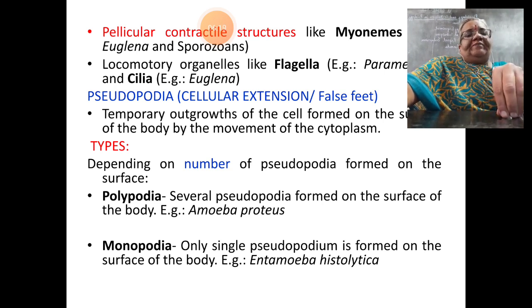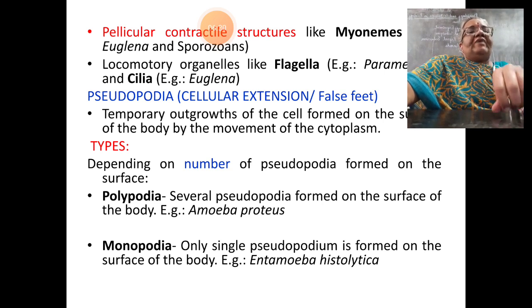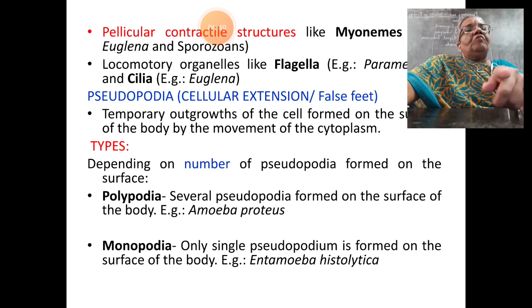On the other hand, if there is formation of single pseudopodium, okay, single pseudopodium on the surface of the body, as exemplified by Entamoeba histolytica, a parasitic protozoan, then you use the term monopodia. Mono means single.